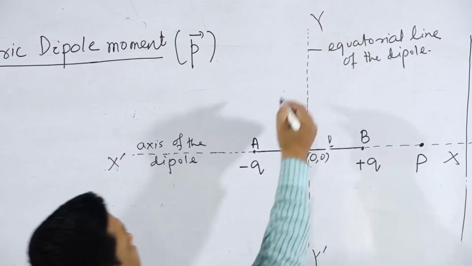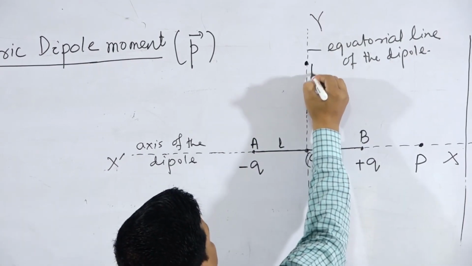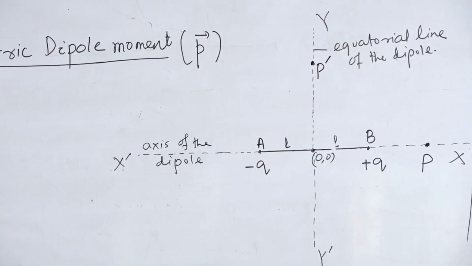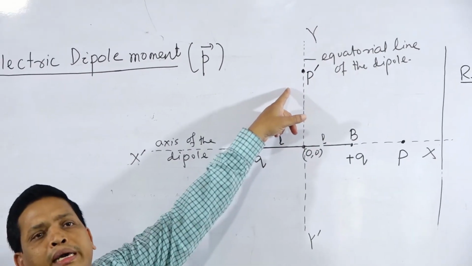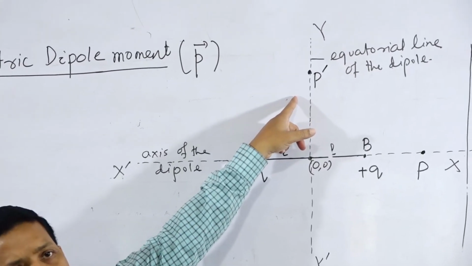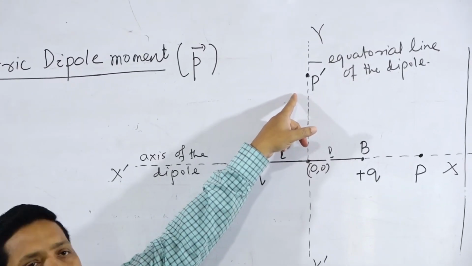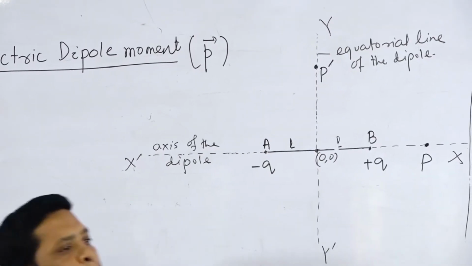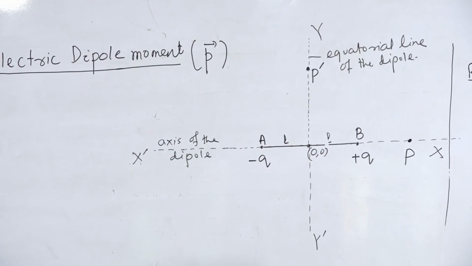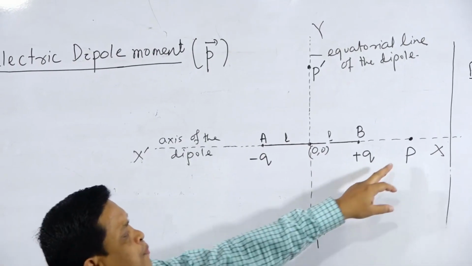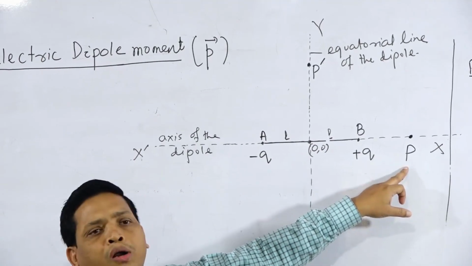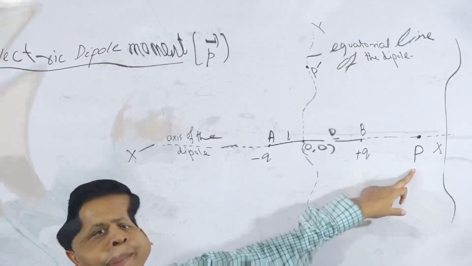Similarly, if you take a point on this equatorial line, say P dash point, then P dash point will be called equatorial position. So first of all, we shall find out electric field intensity at an axial position of an electric dipole.